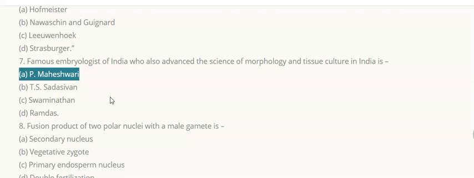Then we move to our question number 8. Fusion product of two polar nuclei with a male gamete is secondary nucleus, vegetative zygote, primary endosperm nucleus. So if you examine carefully all these options, here we find fusion product of two polar nuclei with a male gamete. So very simple answer then. It is called double fertilization. Because there are two types of fertilization which take place in plants.